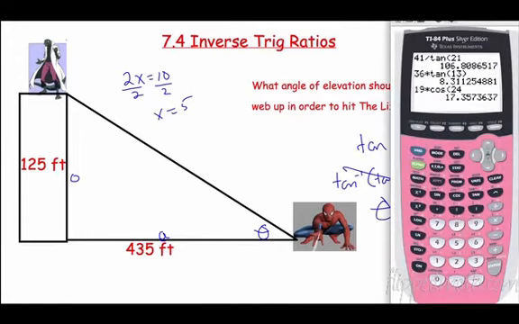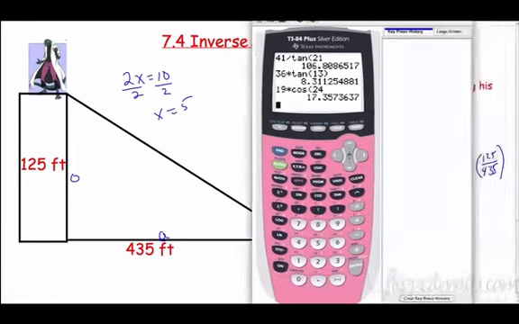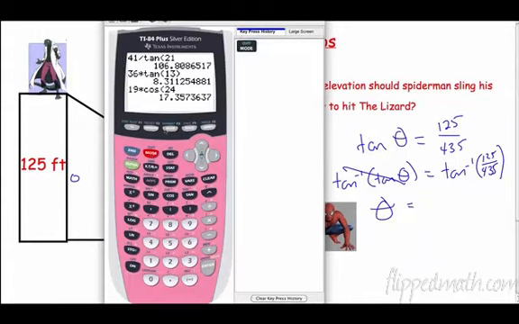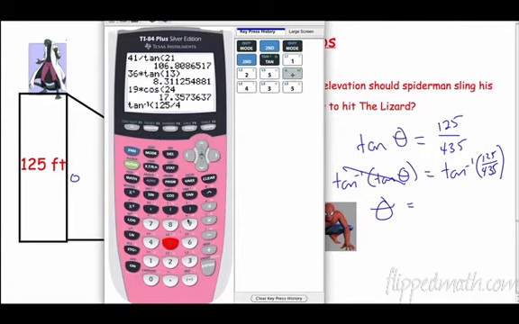So let's take a look at that one. Remember, we have to be in degrees. Let's just check. I'm in degrees, so I'm good. So I want to do second tangent. See, the blue is the inverse. 125 divided by 435.